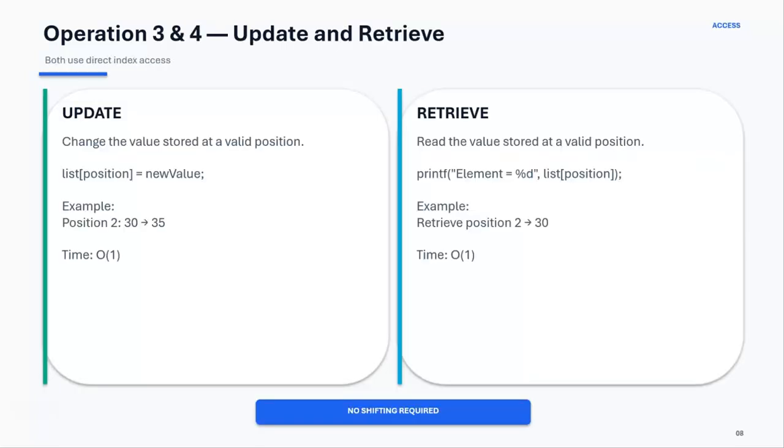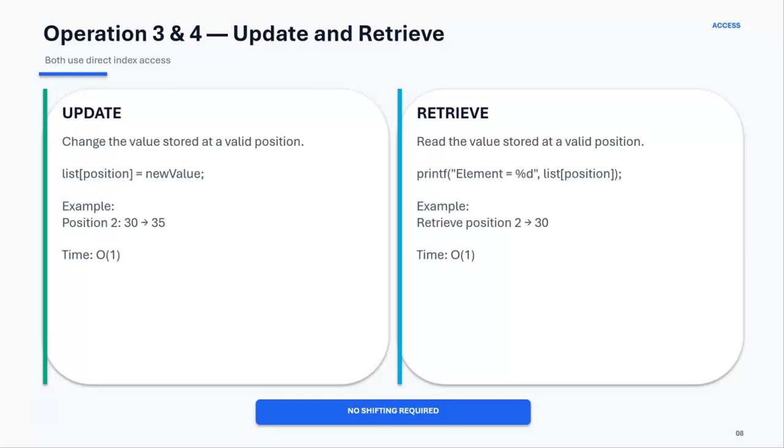Now let's look at two very easy operations, the update and retrieve. First, update. Suppose the list contains 10, 20, 30, 40 and I want to change 30 to 35. If 30 is at position 2, I simply write list of 2 is equal to 35. That's it. There is no shifting. So update takes only order of 1 time.